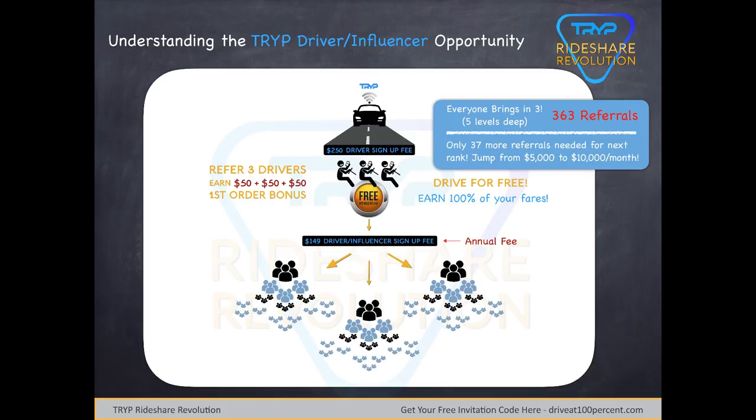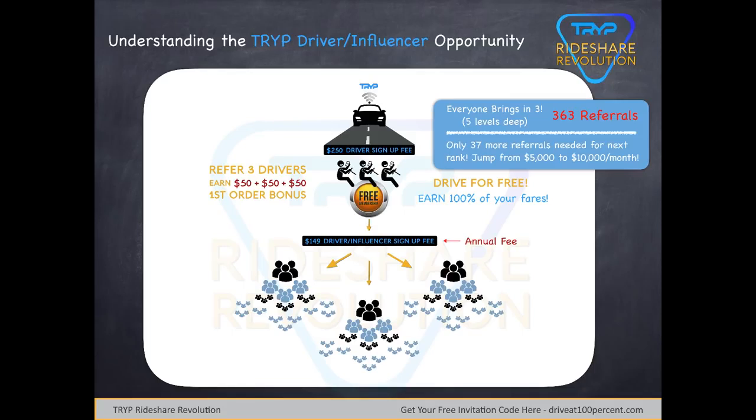So if you figure everybody's taking that entire 30 days and it's cycling through from the 3 drivers to the next drivers to the next drivers, 5 levels deep, that's 5 months. And it'll go a whole lot quicker than that because there's going to be a lot of people who are bringing in more than just 3 people. But let's just be conservative and go with this slowly. So within 5 months, you're at 363 referrals.